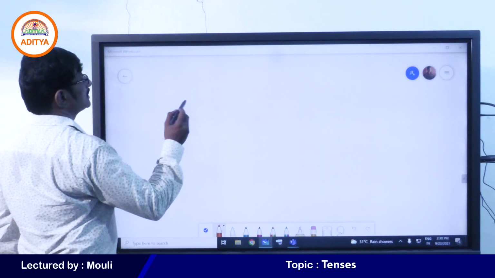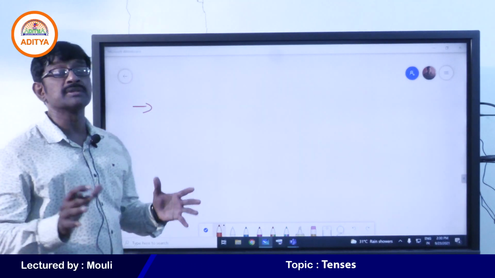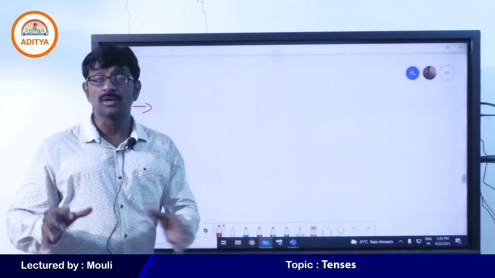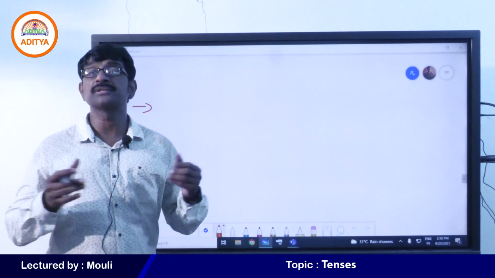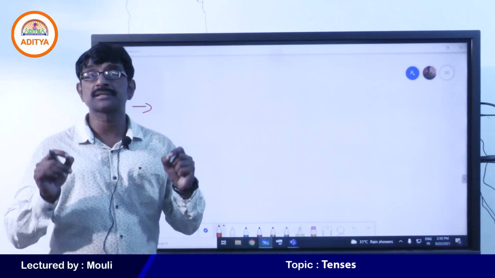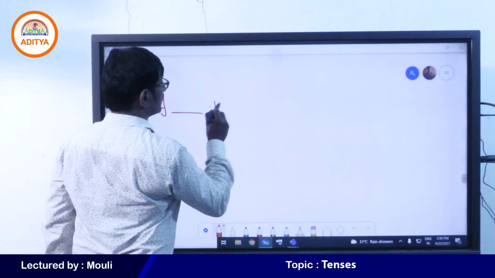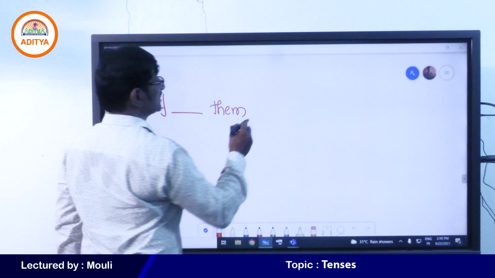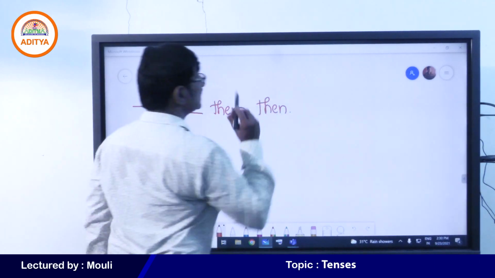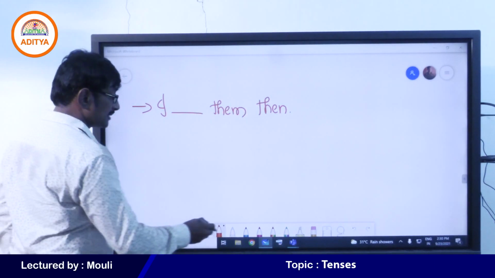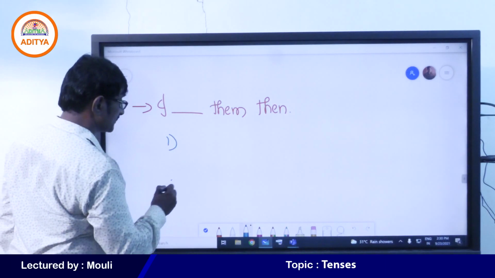This time let us have one small example on the overall syllabus, and after that we'll go for the next one, past continuous tense. Let us see now. I dash them then. This is the sentence. Now you have to choose the right answer for that.